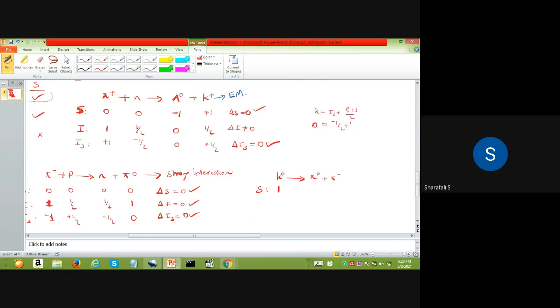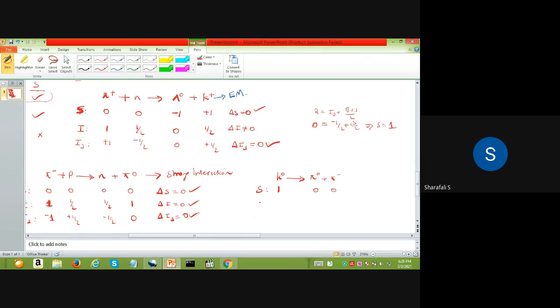So this will be 0 plus S by 2. So S by 2 will come here. Then we take this to the other side. Then we get 1 by 2 and 2 by 2 will come. So it should give you the strangeness for the K0 case. And pi 0 is not a strange particle. Pions are not strange particles, so this will be considered.